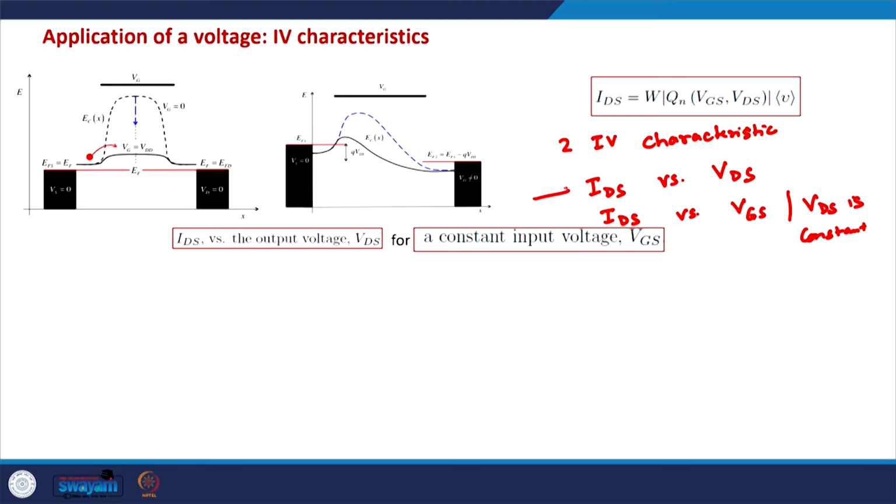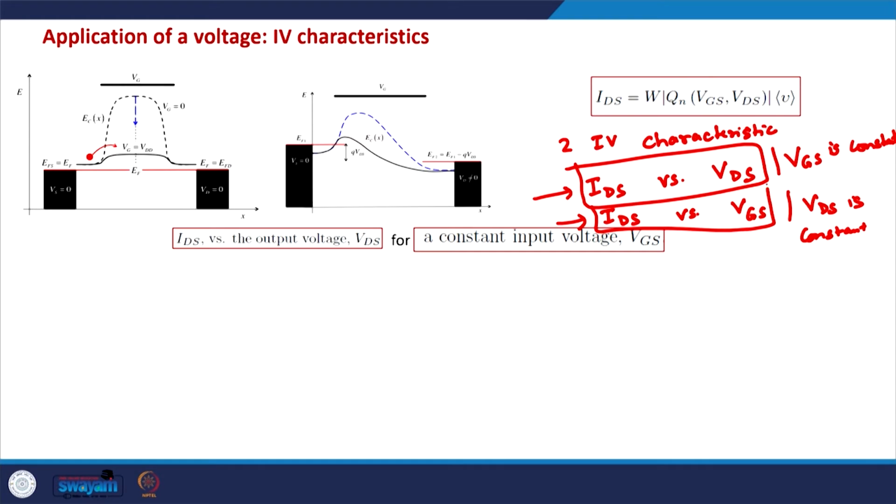The first, IDS versus VDS, is when VGS is constant. Okay. So IDS versus VDS is known as the output characteristics of the MOSFET, and IDS versus VGS is known as the transfer characteristics of the MOSFET.